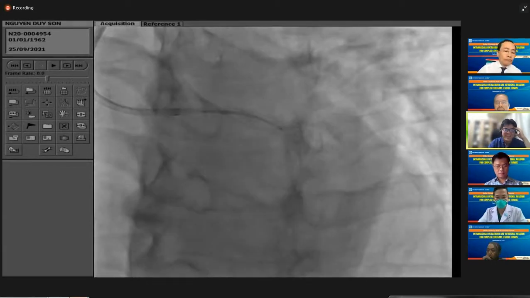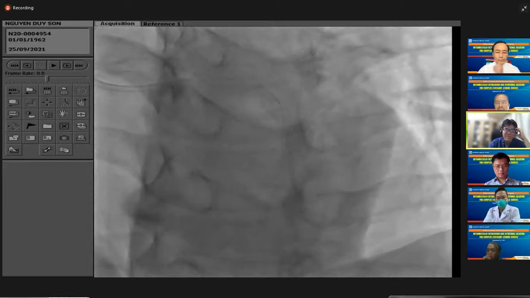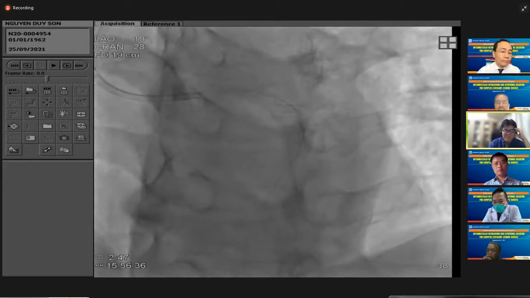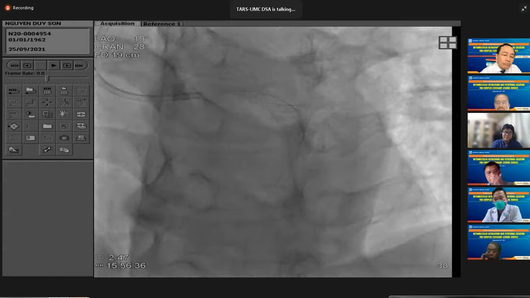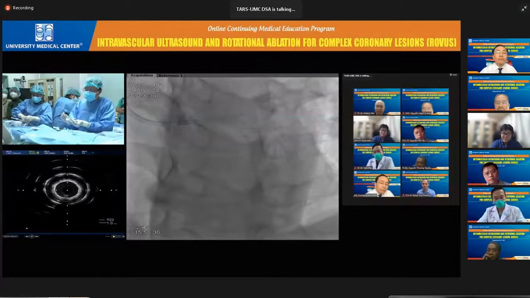To check, I always perform the IVUS marking to put the stent at the ostium of the left or right coronary artery. Yes, okay, I will do IVUS, and please show me the IVUS marking in this case for the left main ostium.